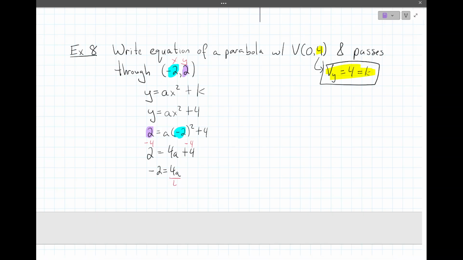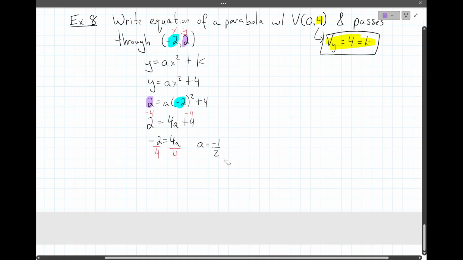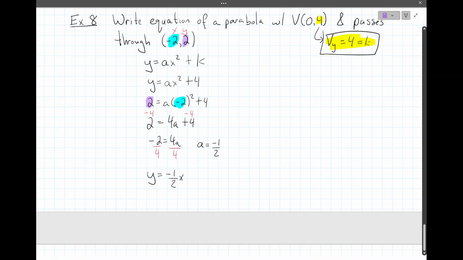I divide each side by 4, and I'll end up getting a is equal to -1/2, just like that. Perfect. Actually, that's not my final answer. My final answer is going to be y equals -1/2 x squared plus 4, the parabola I'm working with.